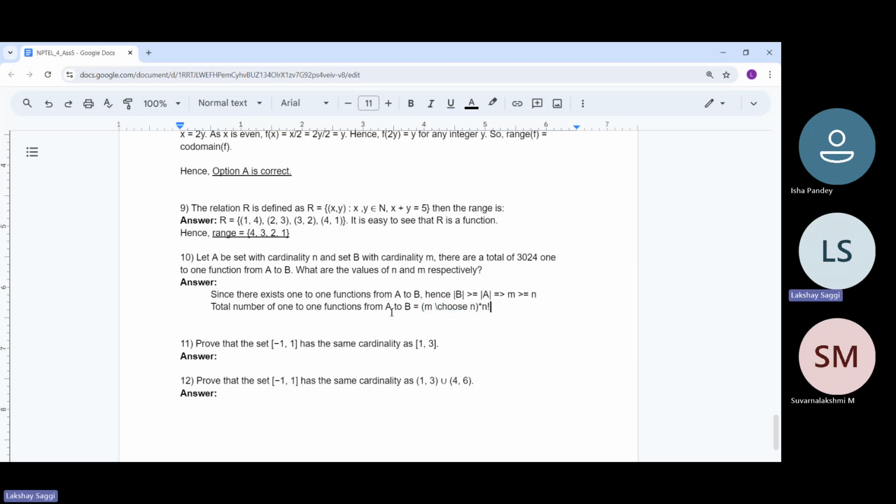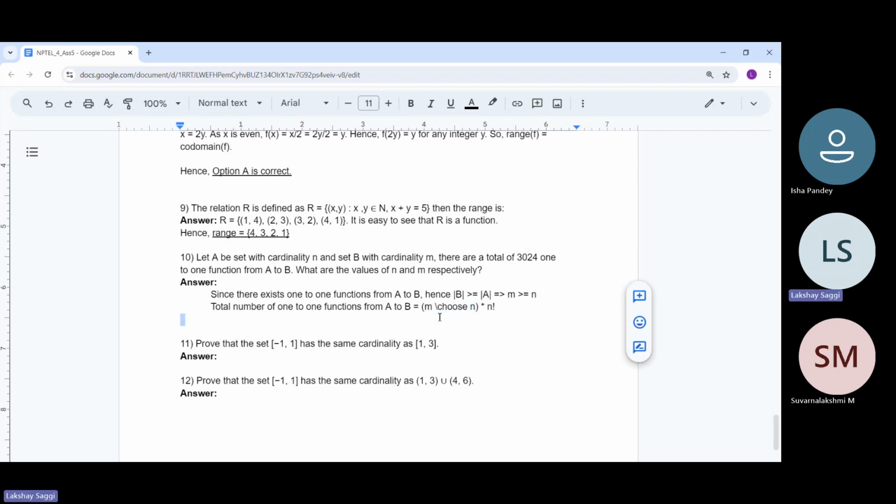It will be m choose n multiplied by n factorial. You can think of this in two steps. First we choose the range of the function, so what elements will belong to the range? Since A has cardinality n and it is a one-to-one function, the range should contain n elements.